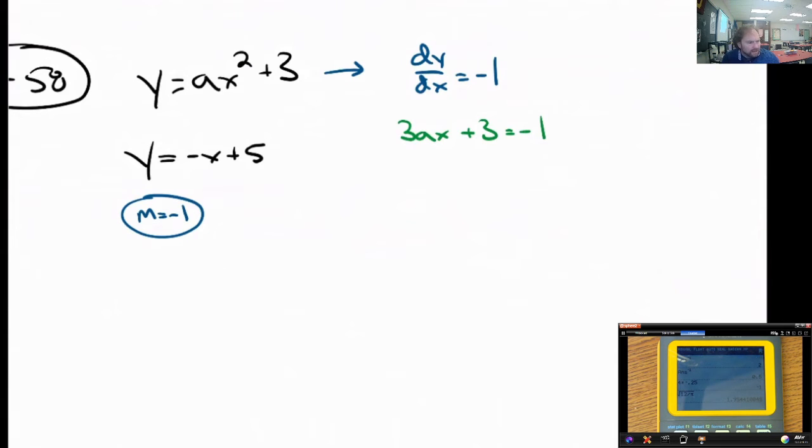We need this to be negative 1. So if we keep going, let's just isolate the ax in this equation. It would be negative 4/3, if I'm thinking about that right. Do I know any other information about this problem?